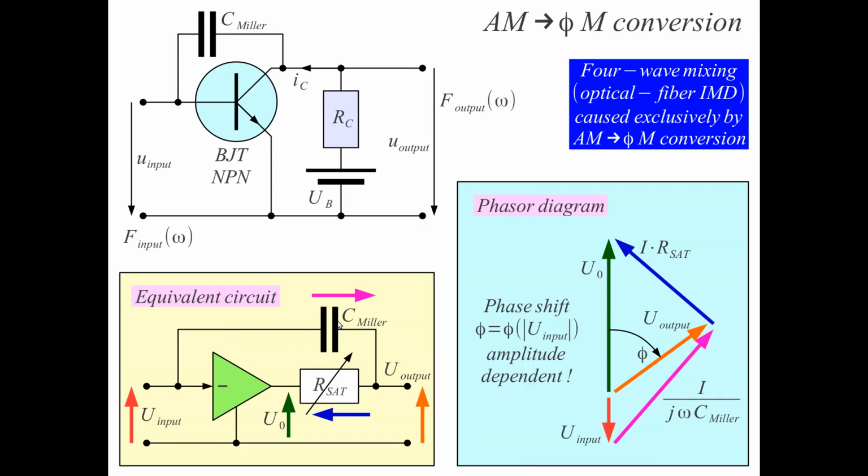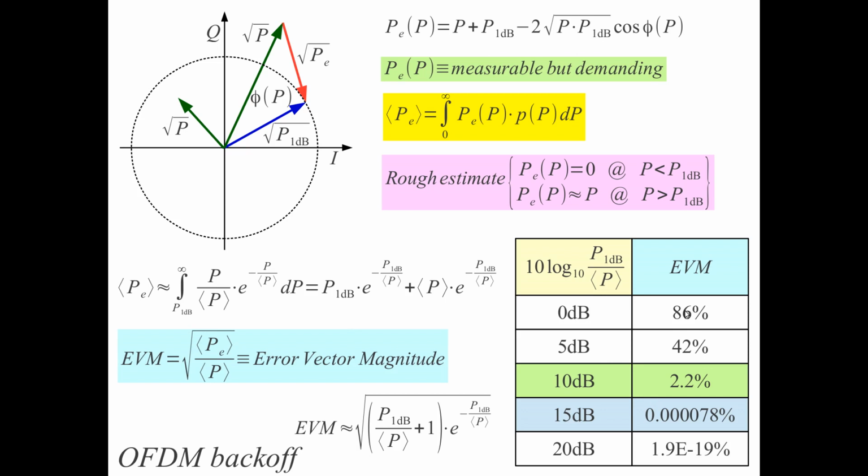And with OFDM, even at 10 dB back off or 15 dB back off, we may get an efficiency of, say, up to perhaps 10%. 10% total efficiency, while lower values are more typical for, say, broadcast transmitters, usually between 5-6% for digital television broadcast transmitters. So this is a rough estimate, a very rough estimate. It's a worst case estimate actually.